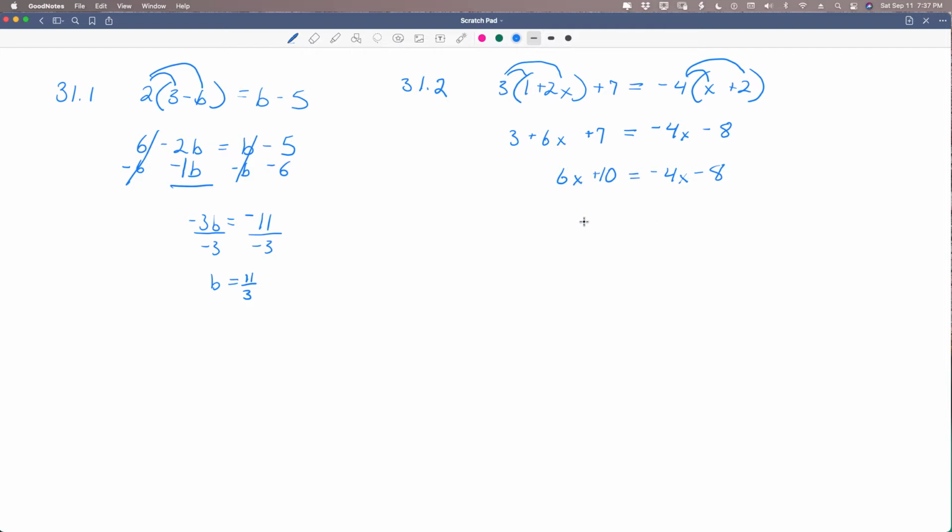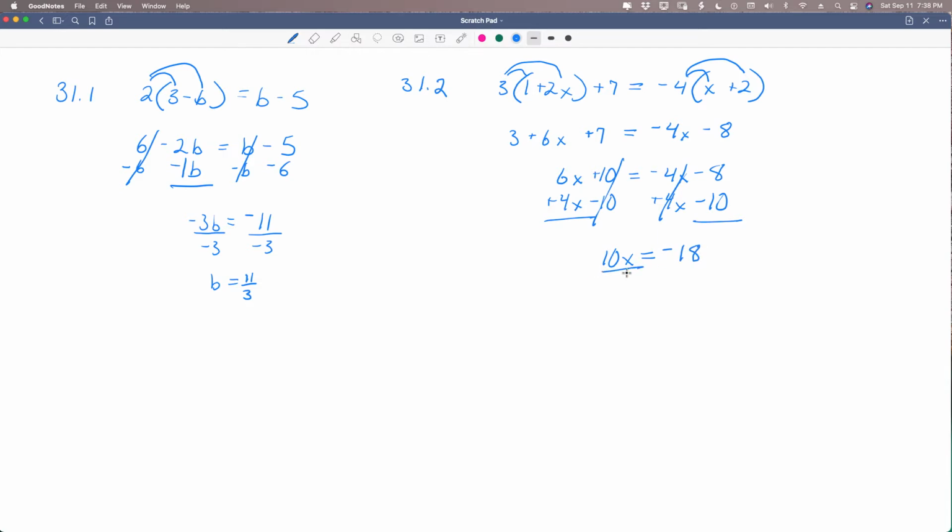So now we can swim fish from one side to the other. So we're going to add 4x to both sides. That cancels. We're going to subtract 10 from both sides. And that cancels. And that leaves us with 10x equals negative 18.